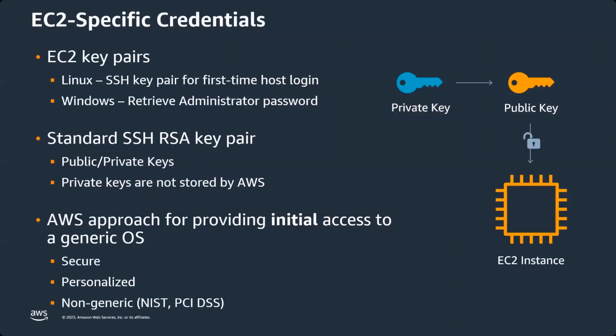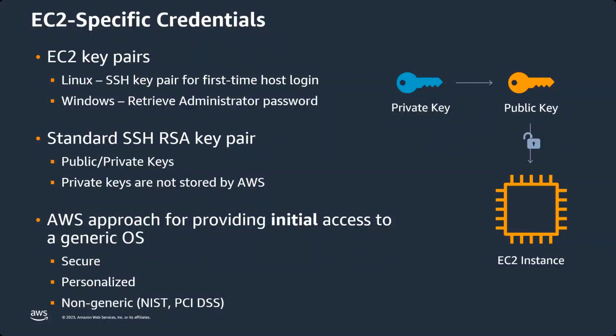Okay, so now for the EC2 specific credentials, right? Imagine you need to access your EC2 instance, and this is done quite a lot. Amazon EC2 uses public key cryptography to encrypt and decrypt login information rather than using a traditional password.